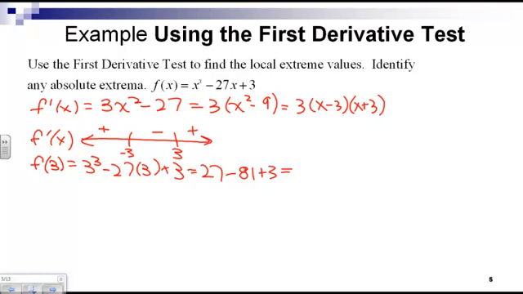What do we got there? Nothing I can do in my head very easily. Negative 51, I'll take your word for it. 27 plus 54 is 81. So this is negative 54. Negative 54 plus another 3 is negative 51.